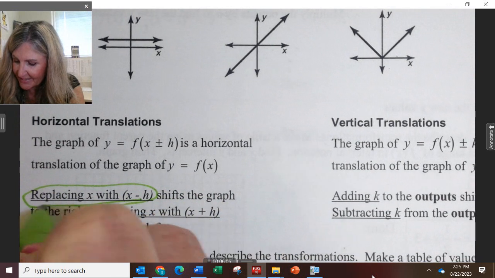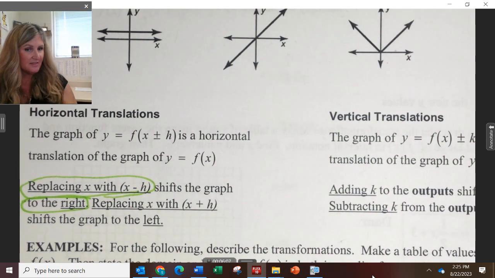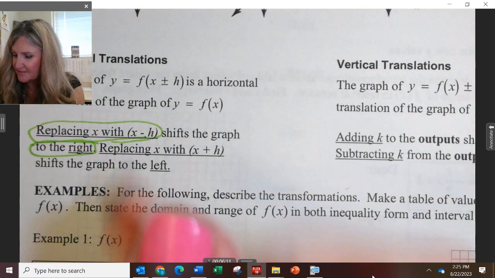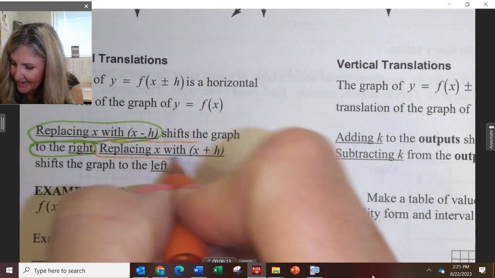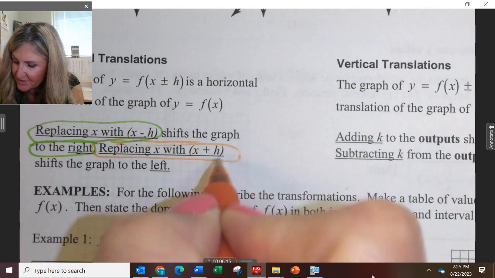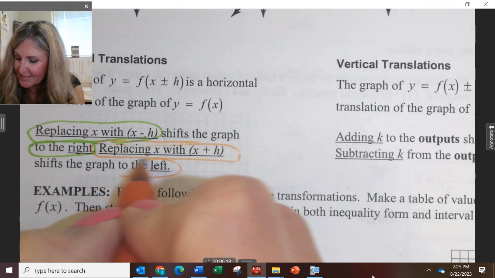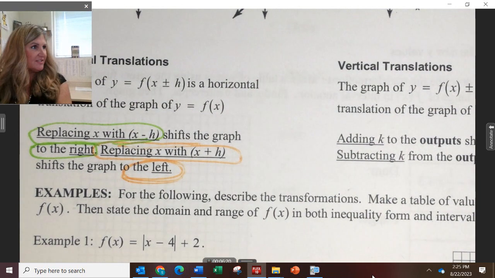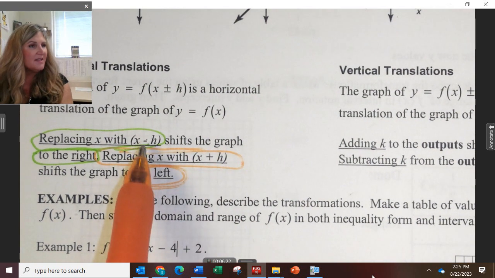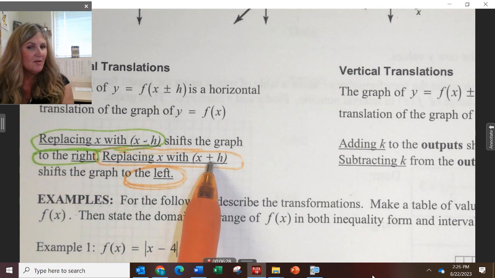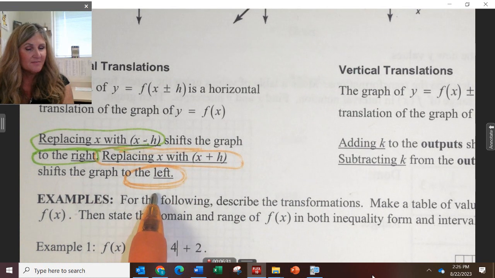X minus h is going to take it right. If we replace the x with x plus h, that's going to do the opposite. Replacing the x with x plus h, that's going to take it to the left. When it's on the inside of the parentheses, it's the opposite of what you would think. Minus h, right. Plus h, left.